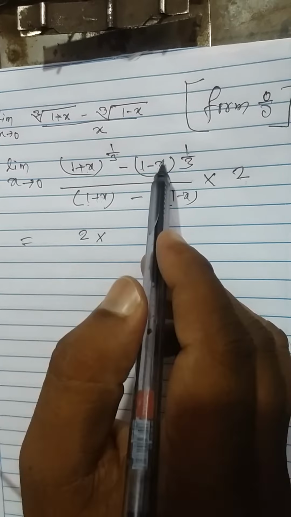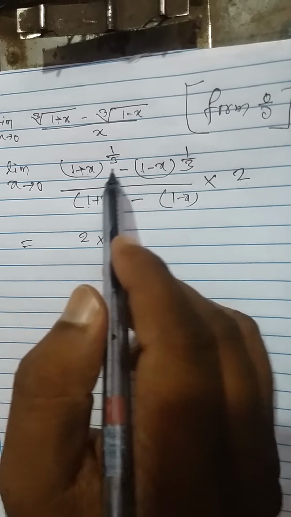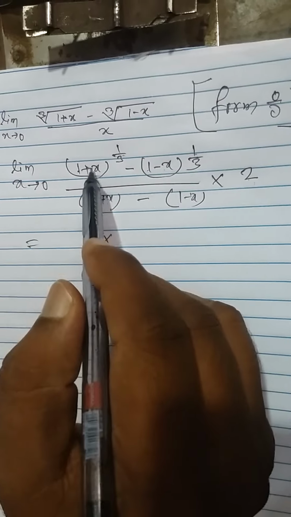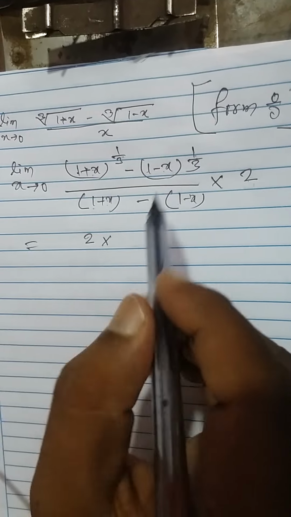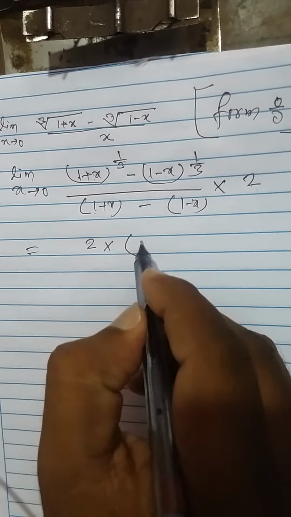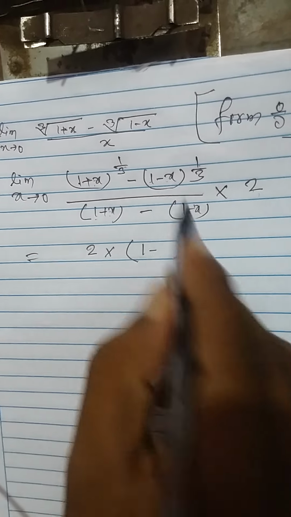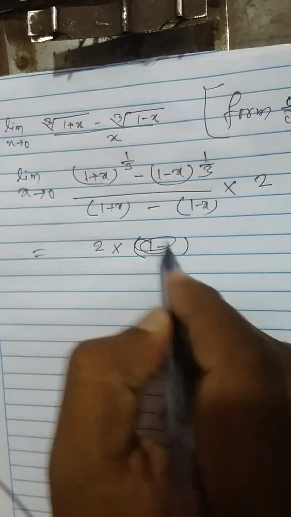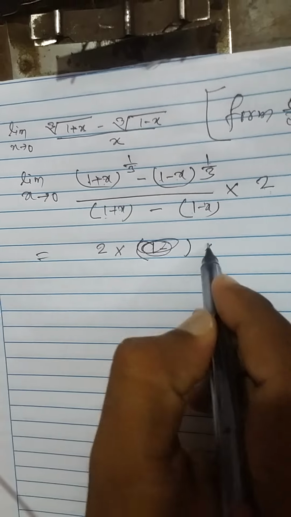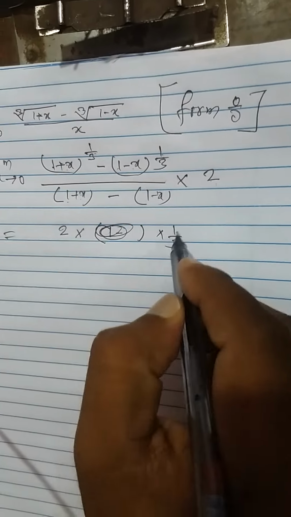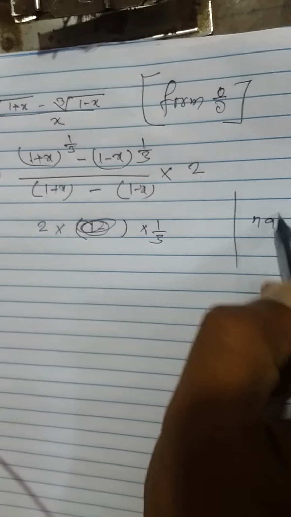Now a, you can take. If the variable is involved in both the expressions, then a can be kept either first or second. You can take any of them. We are taking the second as a, so a is 1 minus x to the power 1 upon 3. The formula is: first you multiply by the power 1 upon 3. Thereafter the formula is n a to the power n minus 1.